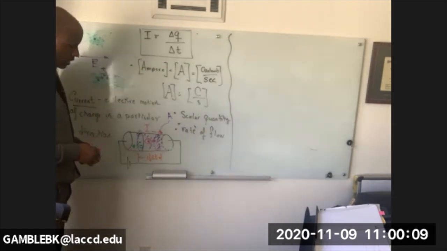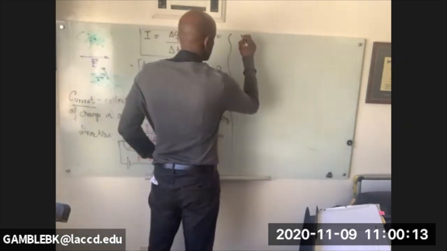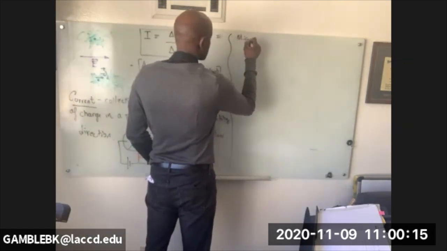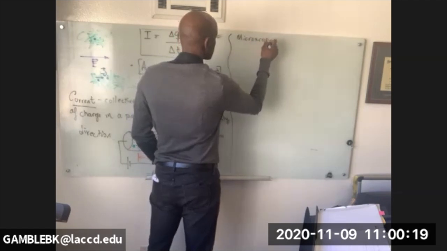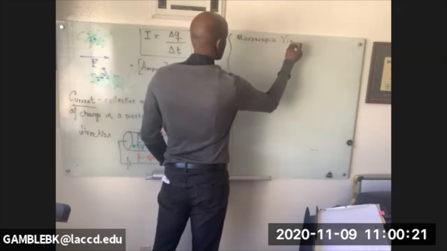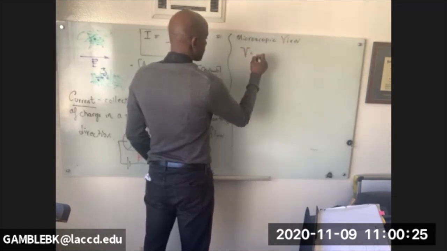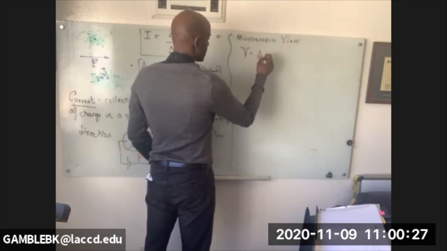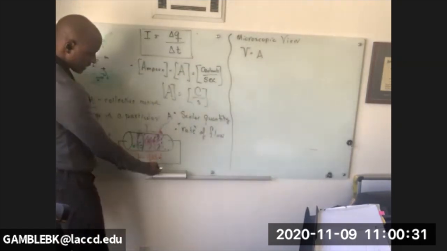Okay. And so, the microscopic view of current. That volume will be equal to the cross-sectional area A times, and this is really a delta X, right?